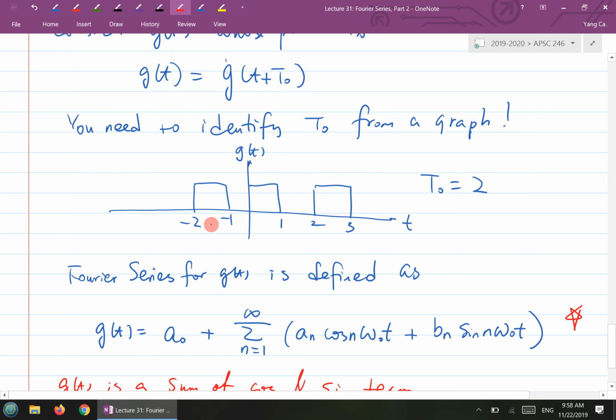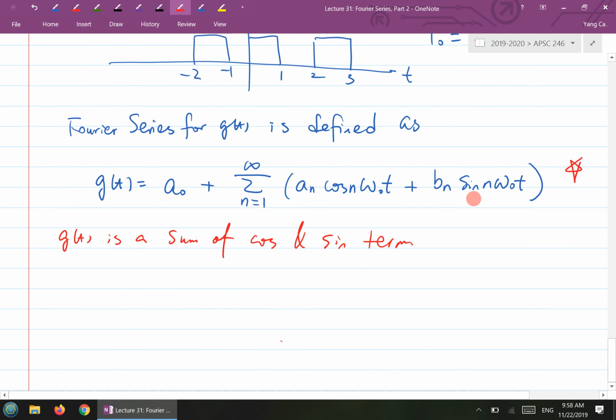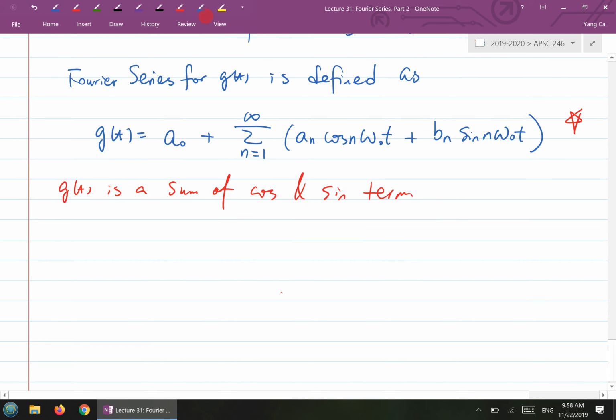In the back of these boxes, there are an infinite number of cosines and sines. That's basically what happens. I'll show you a little bit of drawing to understand more. But for now, the question is, what is a naught? What is a n? And what is b n? The coefficients for the three terms here.